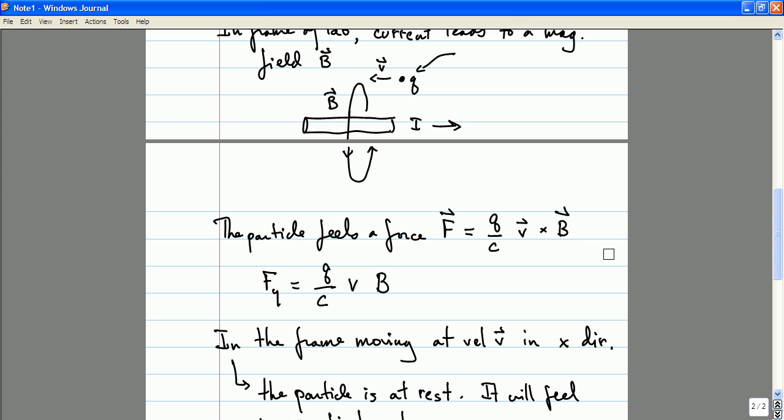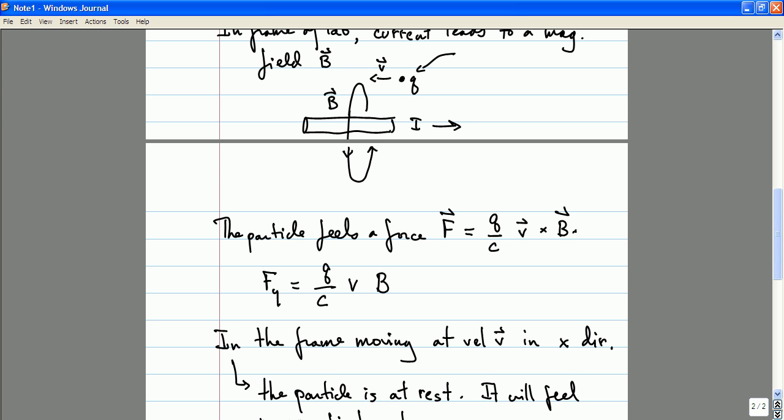But for a current moving through a wire, there's no electric field. There's only a magnetic field. So I didn't bother to write that part of the equation. Now, however, in the frame where the particle is at rest, where V is equal to 0, my claim is that there must now be an electric field.